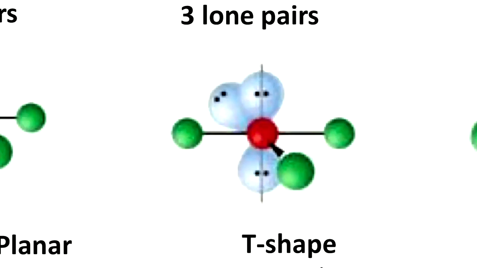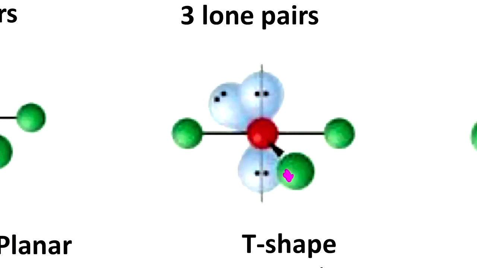Okay, let's pretend we want to put a 4th lone pair on. Is there a preference of where you go? Do you want to go here in these spots? No, if you go in these spots, you're right next door to 3 other lone pairs. So instead, that 4th lone pair is going to go right here, where it's only directly next to 2 lone pairs.